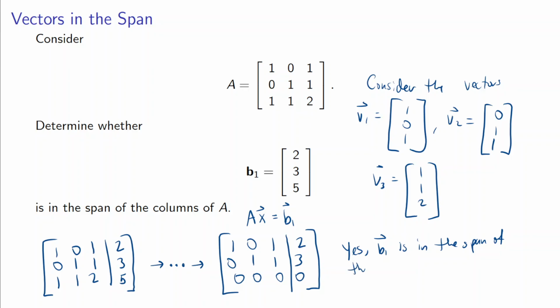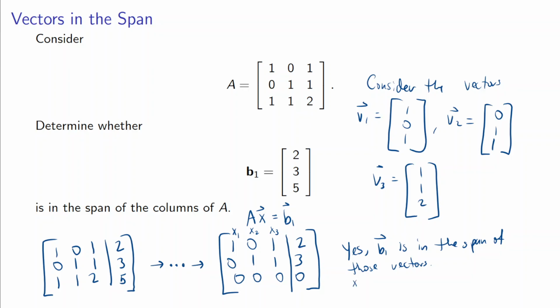And furthermore, we could identify an actual linear combination. If our weights are given by x1, x2, x3, we see we have infinitely many solutions here.